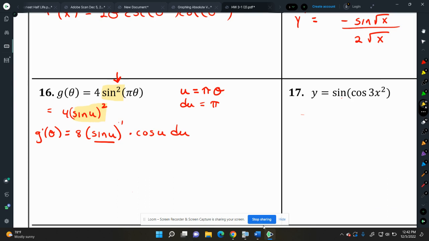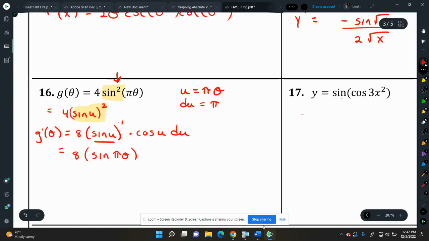We did that. So now we get 8. We're going to substitute our u back in. So this will be 8 times the sine of pi theta times the cosine of pi theta times pi. Is that what we got here?